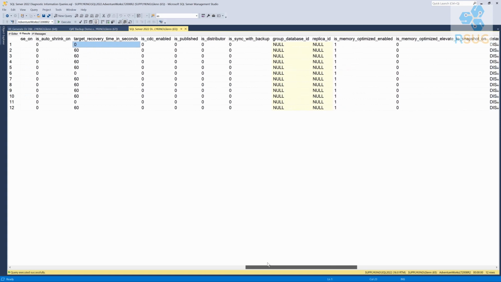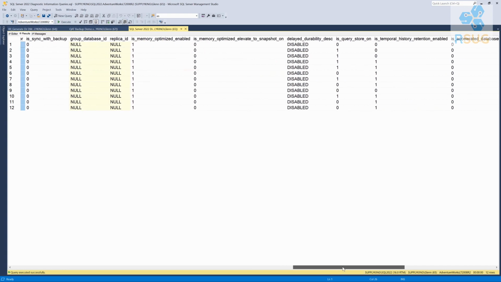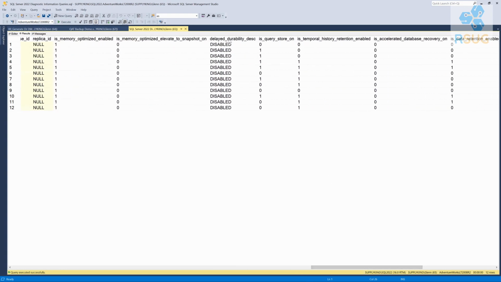And then you also see other things like, is CDC enabled on the database? Is it a replication publisher? Is it a replication distributor? If you see anything here under group database or replica ID, that tells you it's in an AG. Are you using delayed durability? Are you using Query Store? Query Store is very, very useful, and a lot of people are still afraid of it.